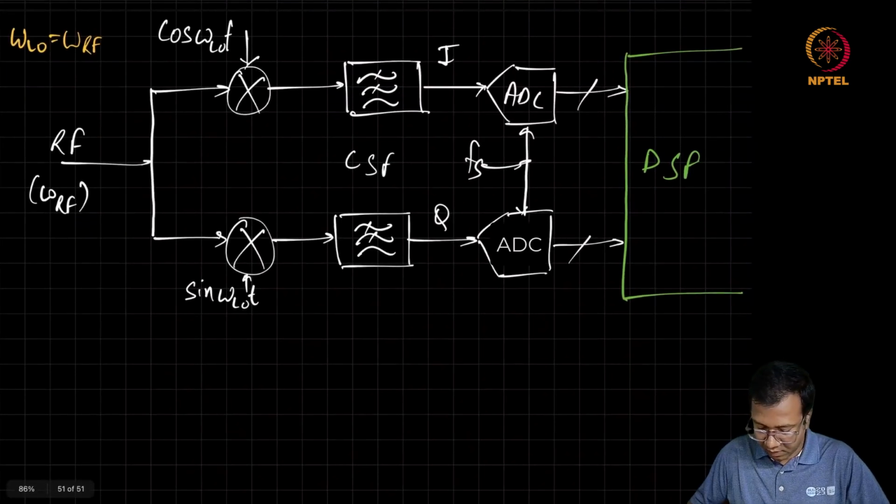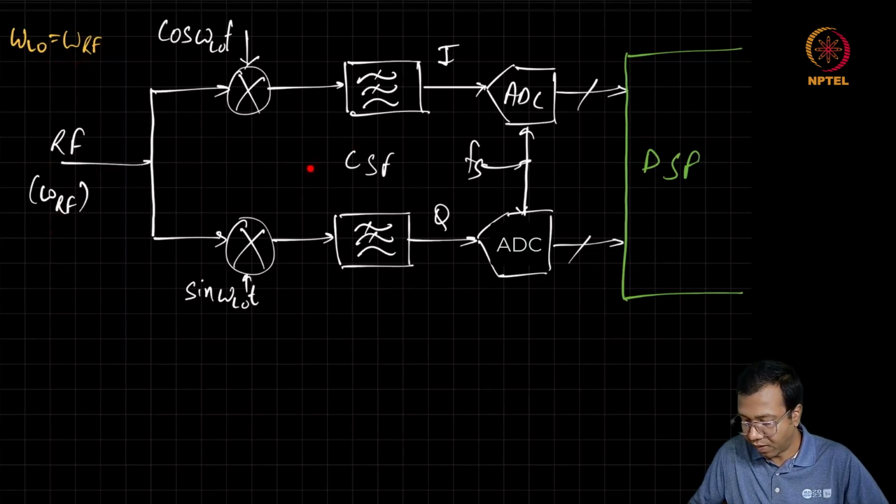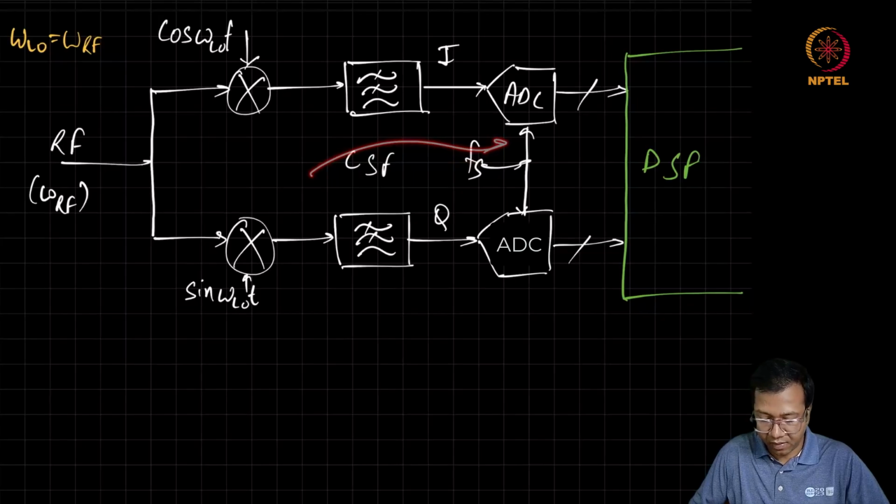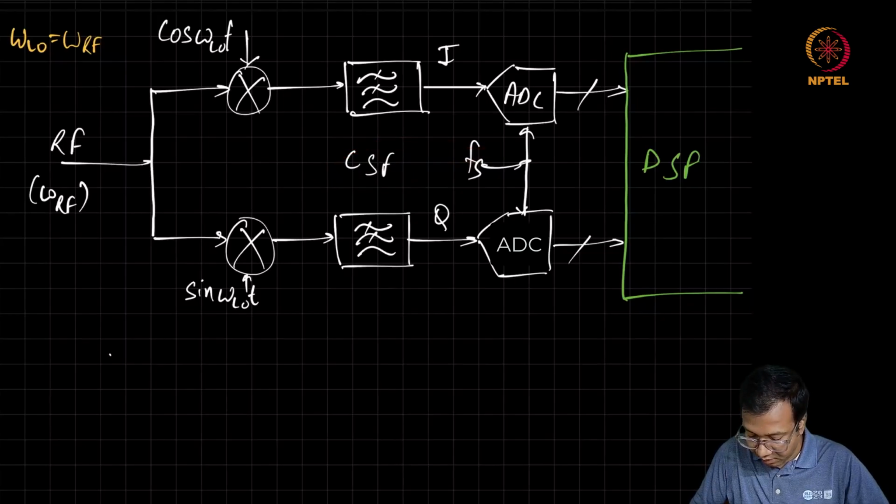So this architecture, where there is no additional intermediate frequency, so there is only one RF frequency, with the LO frequency the same as the RF frequency, giving rise to signal at DC, is also called a homodyne receiver.